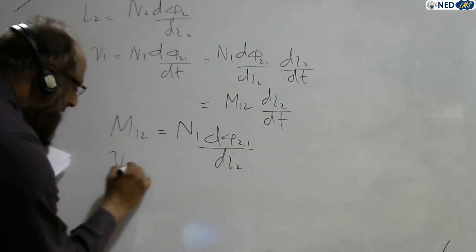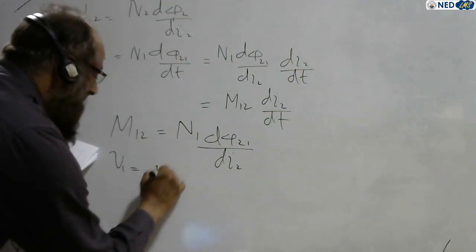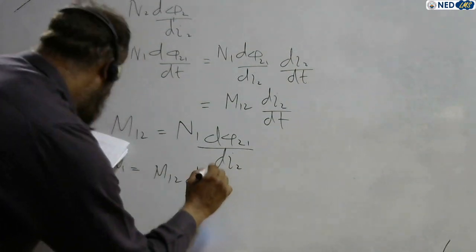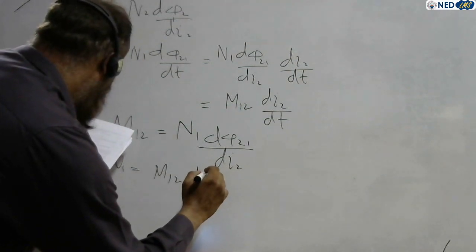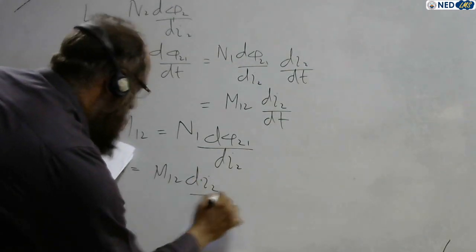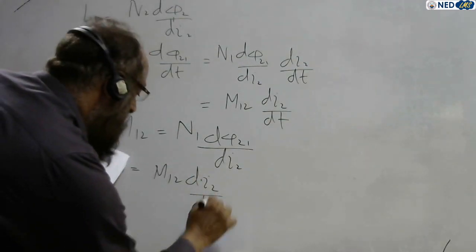So V1 equals M12 times d phi, the di2, sorry, di2 over dt.